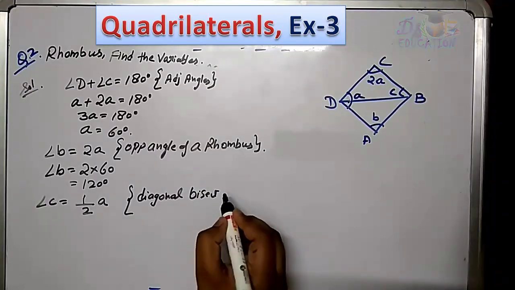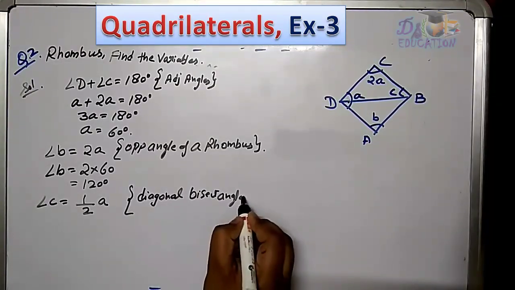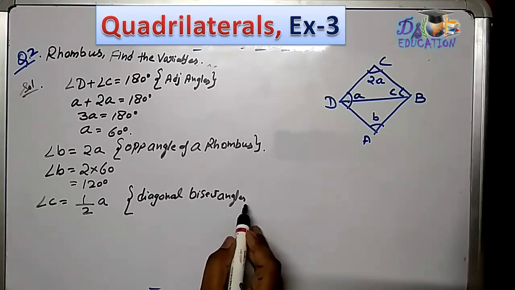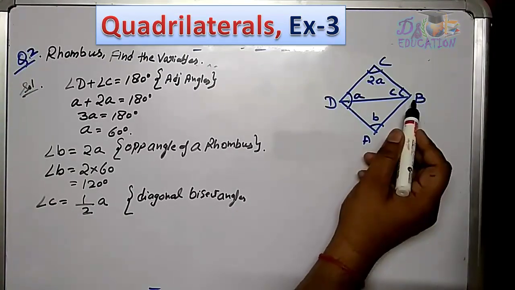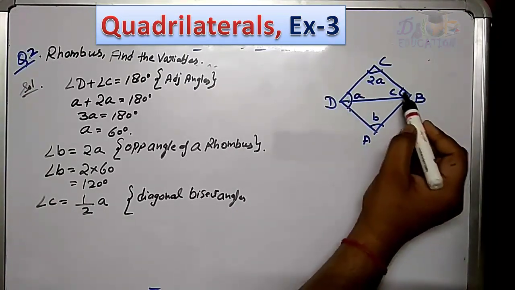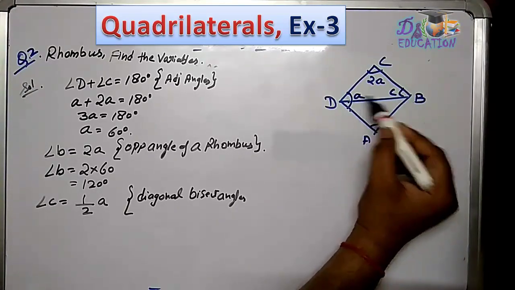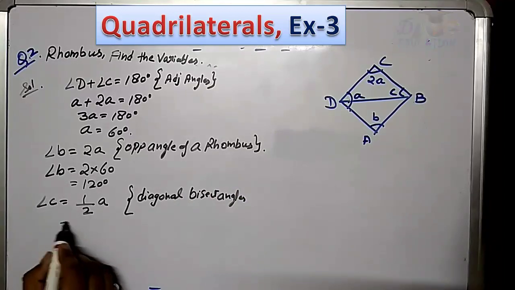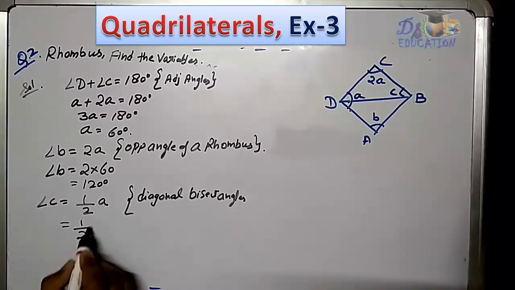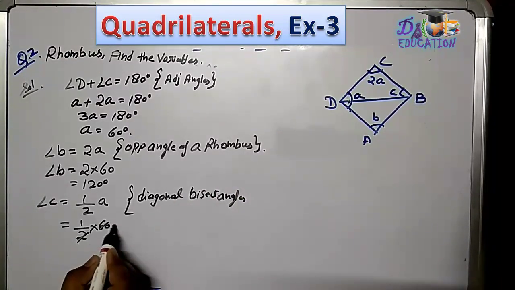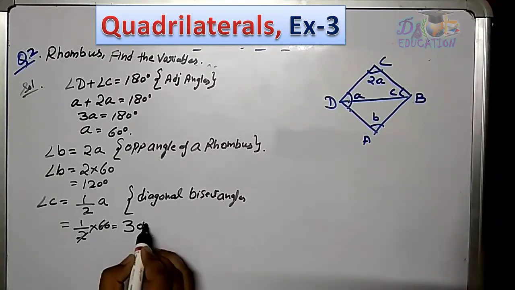Diagonals bisect angles, that is DB is bisecting this angle and this angle into two equal parts. So this C will be equal to half of angle A. So 1/2 into 60, that is 30 degree.